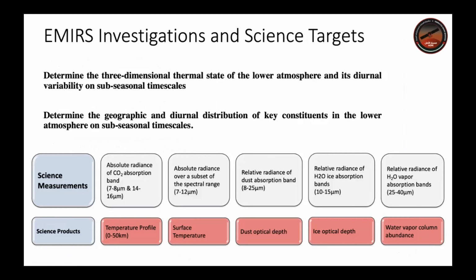Not only do we provide these temperature profiles, we also provide information on some of the key atmospheric constituents, such as the dust optical depth, the ice optical depth, and the water vapor column abundance. We provide surface temperatures, temperature profiles, and all these other things to the mission, which can then be linked up with the other instruments due to the unique observational strategies that EMM employs.